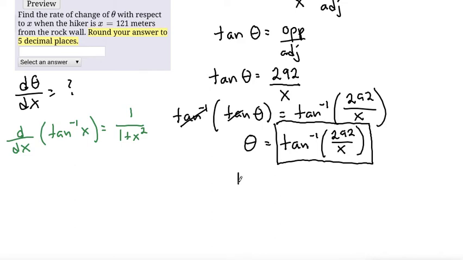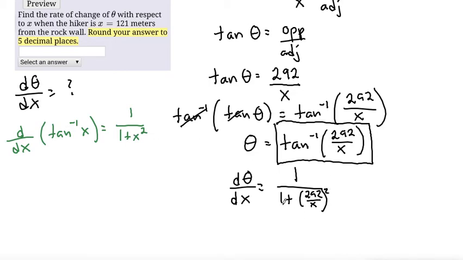But this will be our base equation that we're going to use. So to take the derivative, we have d theta dx on the left, because our function is in terms of x. And we're taking the derivative of the outside function, leaving the inside the same first. So this would be 1 over 1 plus, plugging in 292 over x in for the x, and then squaring it.